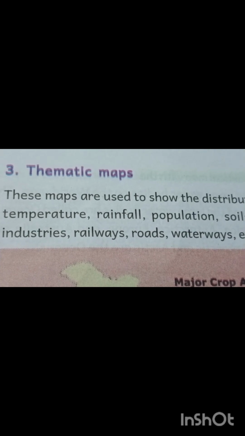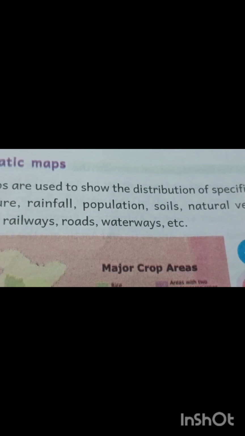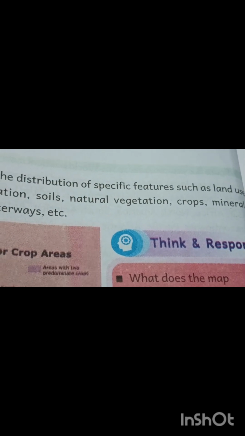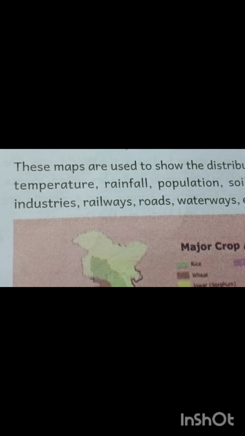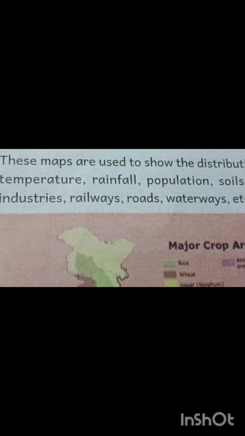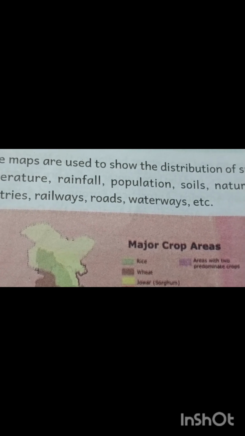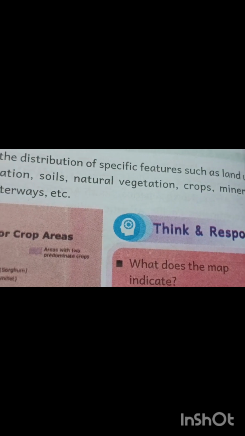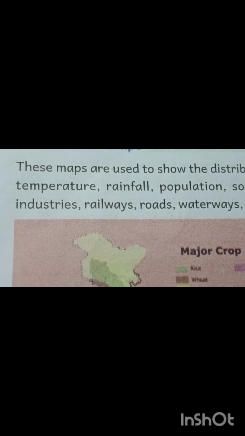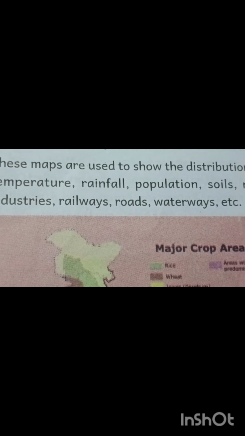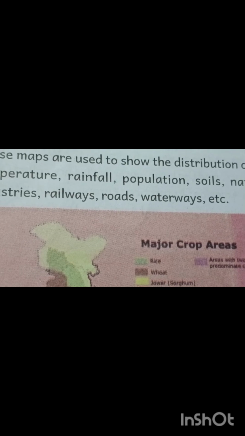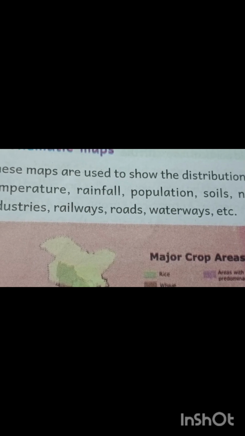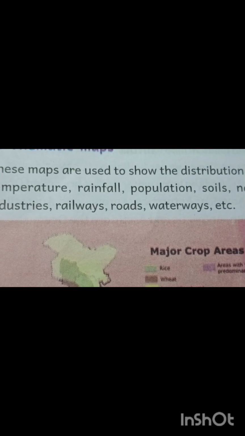These maps are used to show the distribution of specific features such as land use, temperature, rainfall, population, soils, natural vegetation, crops, minerals, and industries, railways, roadways, waterways, etc. To show a particular thing, what we use is called a thematic map.